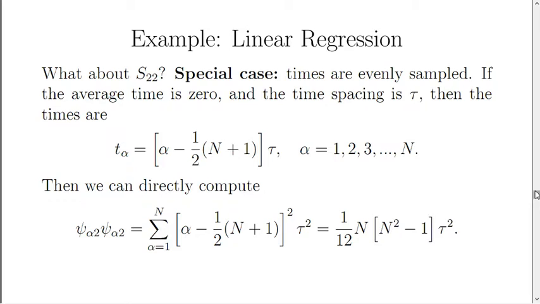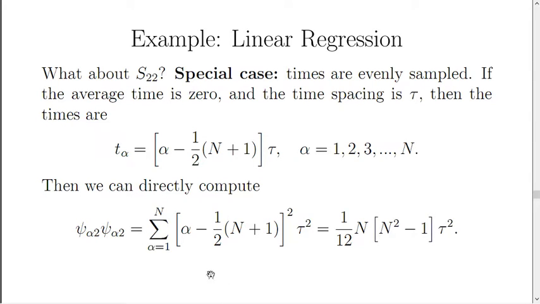Let's deal with a special case in which the times are evenly sampled. If the average time is 0 and the time spacing between consecutive values is tau, the same constant in every case, then the times are given by this formula. We can directly compute the inner product of the time vector with itself.